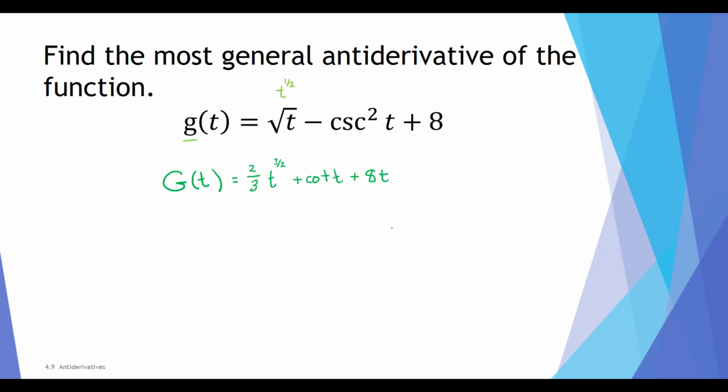So one antiderivative is capital G of t equals 2/3 t to the 3/2 plus cotangent of t plus 8t. To get the most general antiderivative, I tack on this plus c at the end, which is representing any constant, because whatever constant this is, if I take the derivative, we will get 0, and we can always imagine a 0 added to the end of our function.